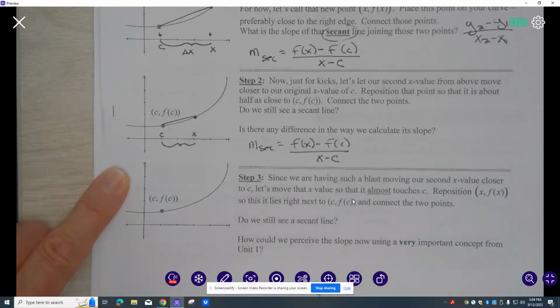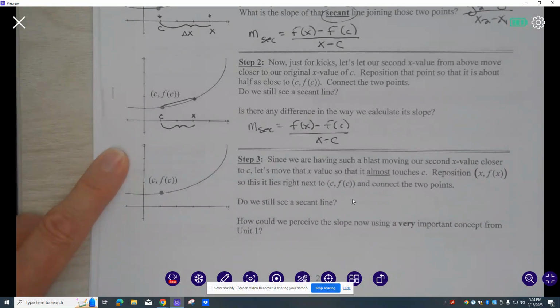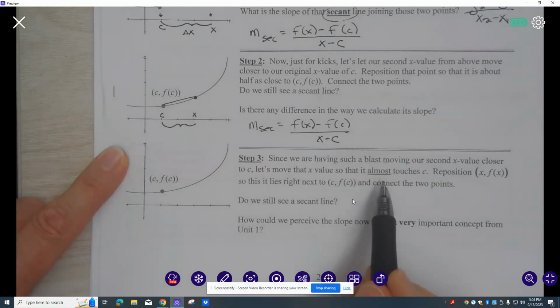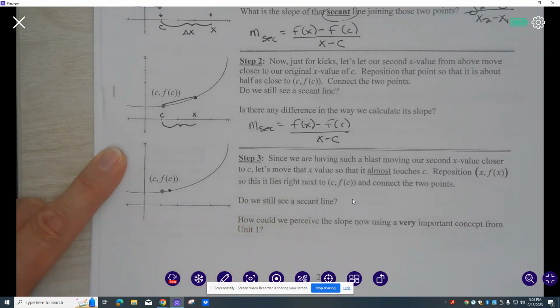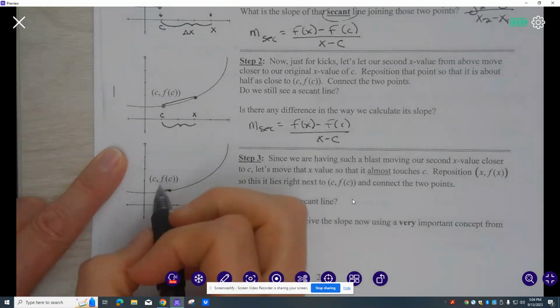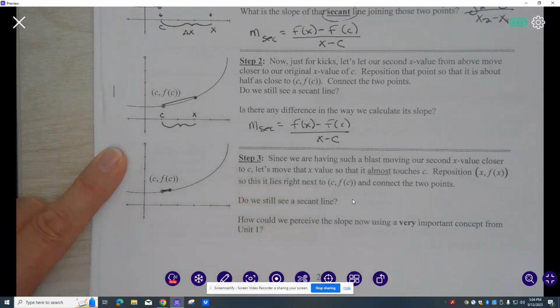Okay, what's happening here? Since we're having such a blast moving our second x value closer to c, let's move the x value so that it almost touches c. So say like right there. So it's technically still a secant line. It says, do you still see a secant line? Kind of. Mine's kind of drawn on purpose to look like a secant.